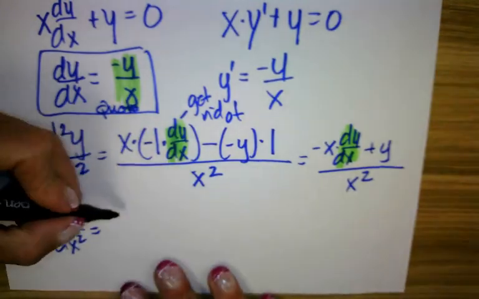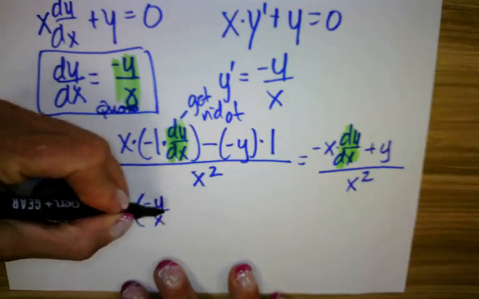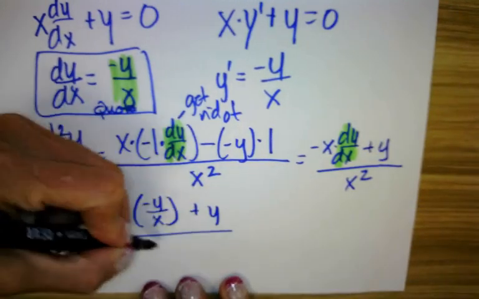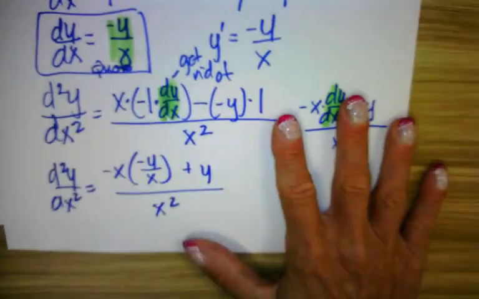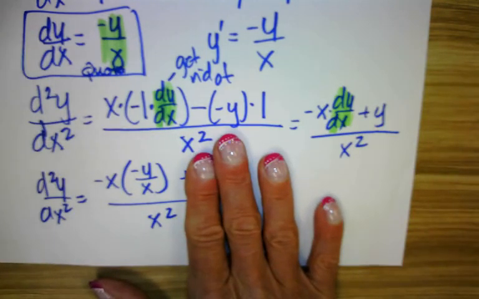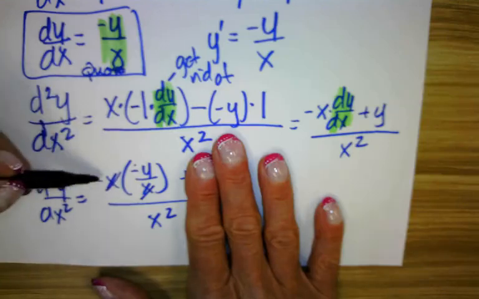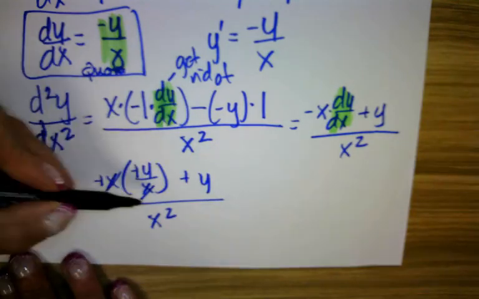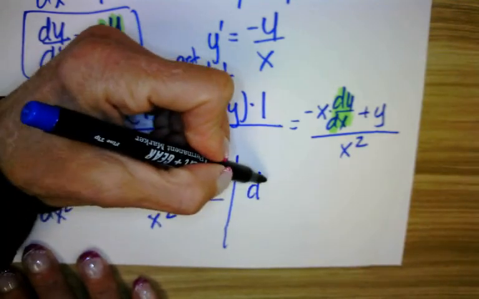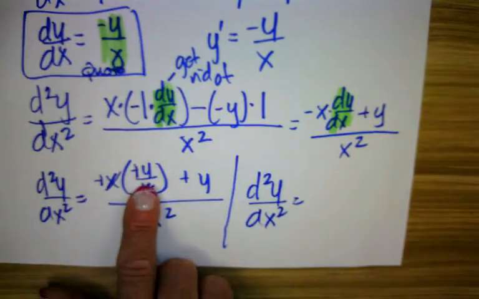Now multiply these two. What happens? The x's cancel. A negative times a negative is a positive. And then I can write my final d2y over dx2 as y plus y. Well, what's y plus y? It's 2y, like terms, over x squared. And that's my second derivative.